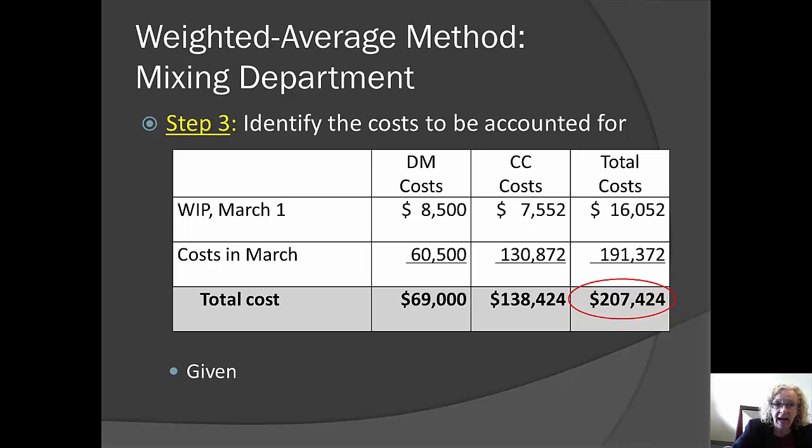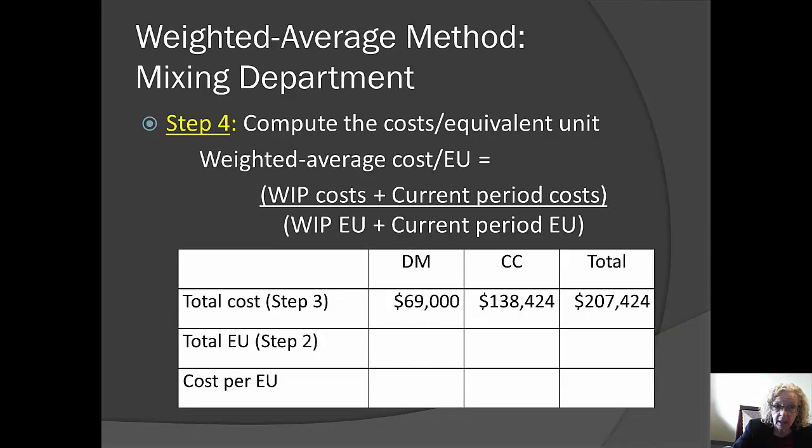Either way, our job is going to be to explain what happened to those costs. Where did $207,424 of our firm's resources go during the period?